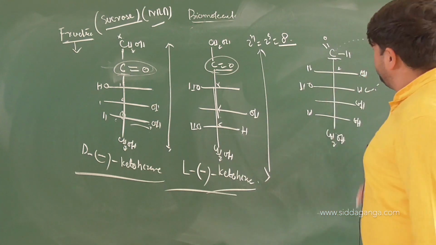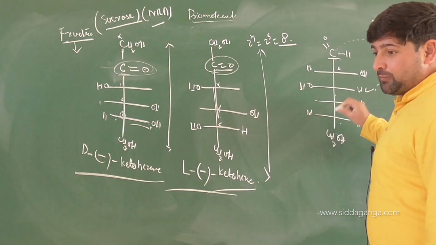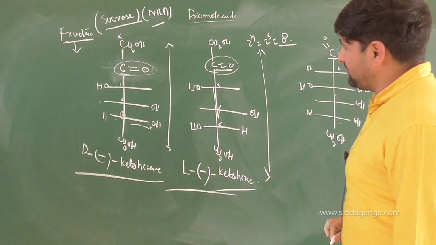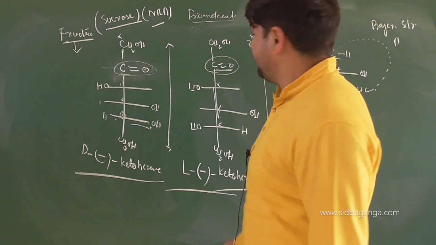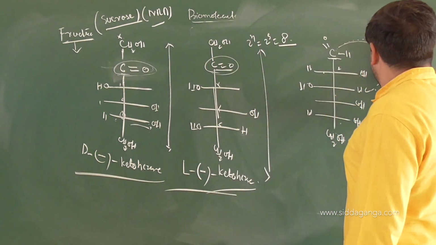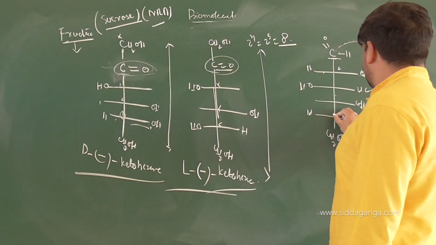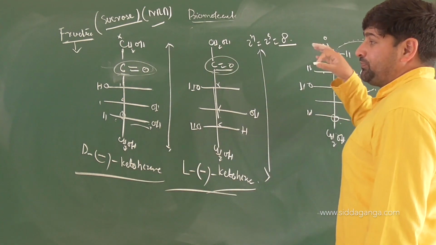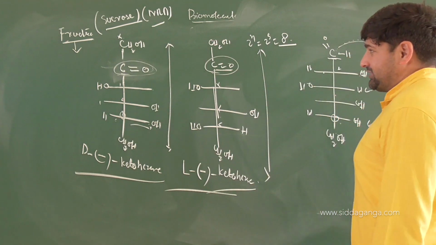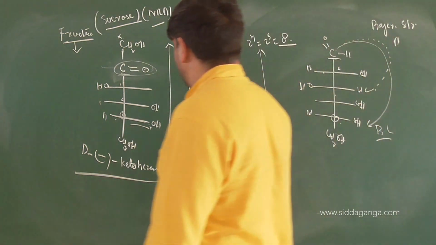It can occur between the carbon and any of the stereocenters. But in the case of glucose and fructose, it's found that this carbon, the ketone or aldehyde in the case of glucose, is ring cyclizing with the stereocenter on the basis of which the D and L configuration of those two monosaccharides has been discussed. So it can combine here also.